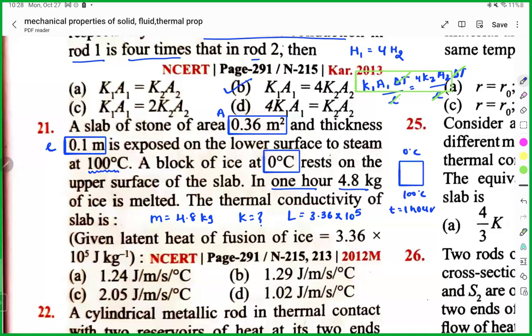So can I use the calculator? Yeah, make it fast. Use calculator.